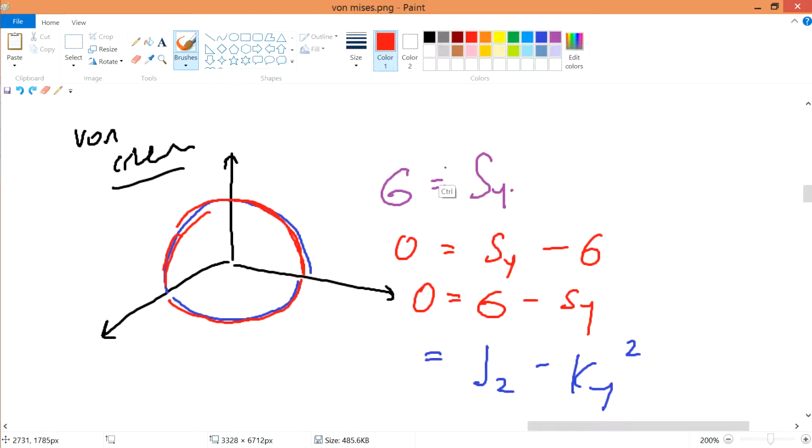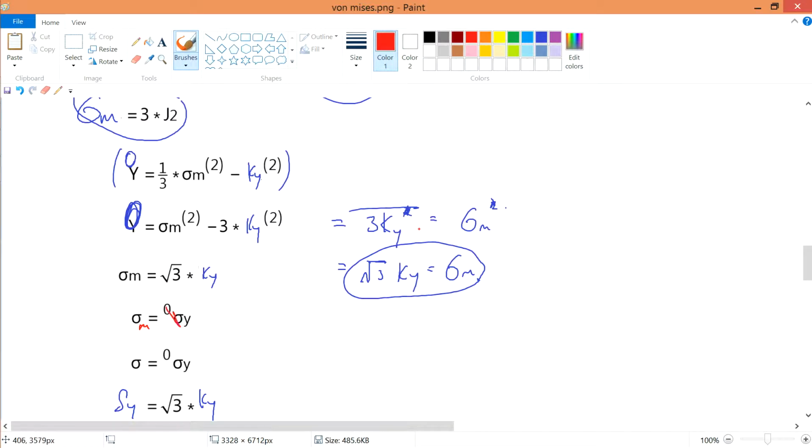Anything larger than this will start yielding. So any stress, in our case, I could substitute in as sigma m, our von Mises, since we already found our von Mises. In this context, this thing over here is actually your sy.